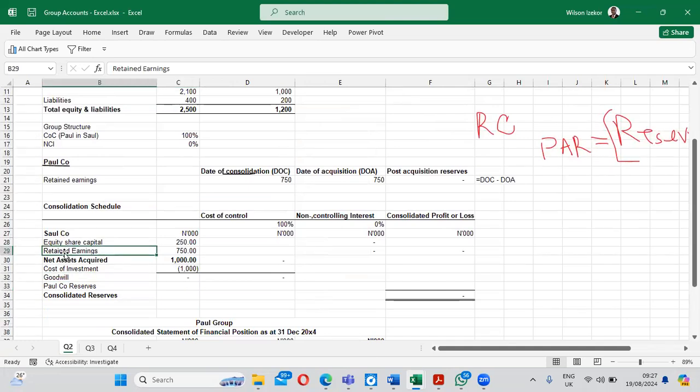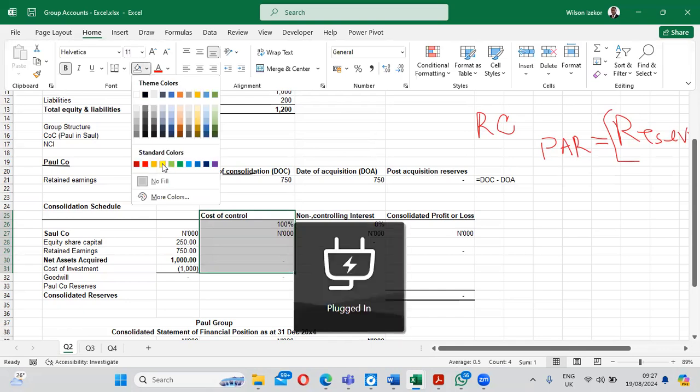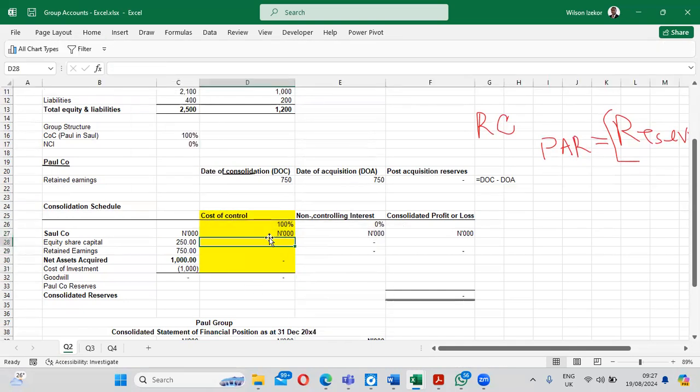Now, if you look at the post-acquisition reserves, do we have any post-acquisition? No, before you go to the post-acquisition reserves, under this heading, which is the cost of control here, we need to include the ratio of the cost of control. You can see that the ratio here is 100% ownership.